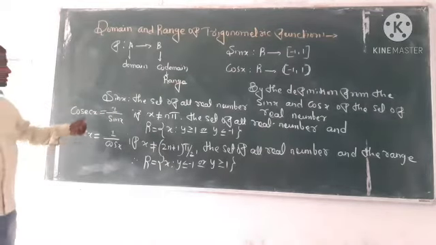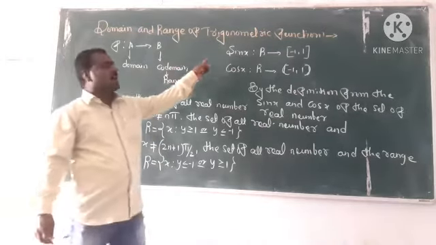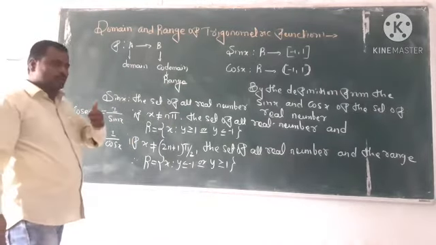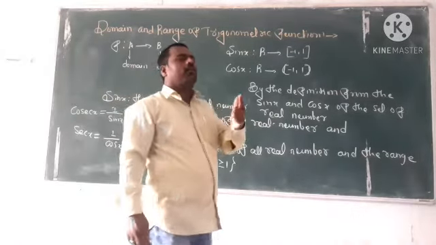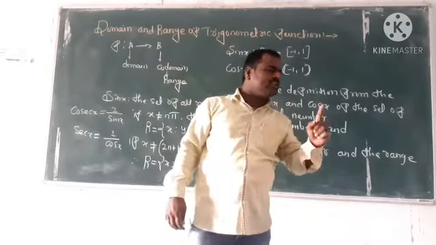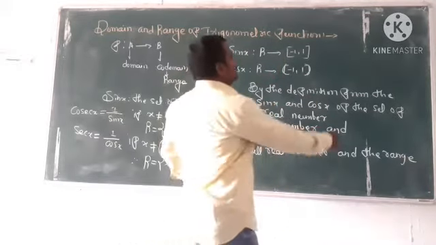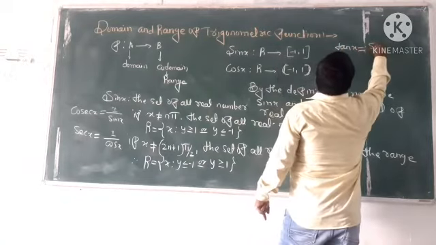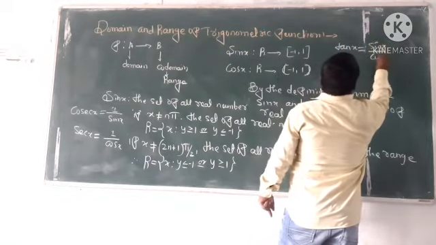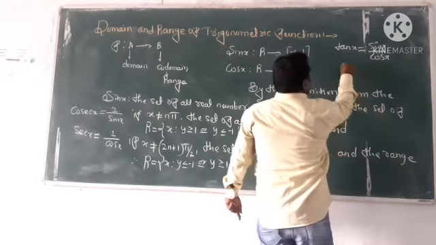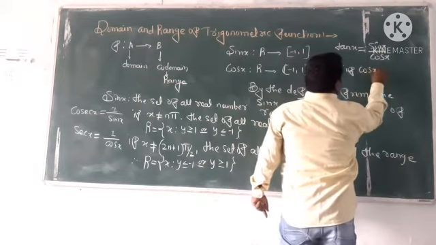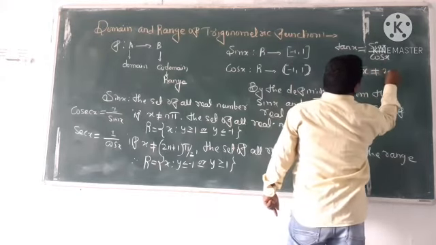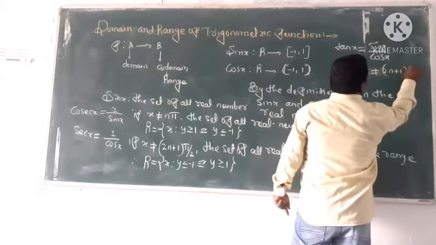So for these functions you can already calculate sin, cos, and cosec, sec. You got it. Another two functions are cot and tan. Tan means tan x is equal to sin x by cos x. So if cos x is 0, we consider x not equal to (2n plus 1) pi by 2.